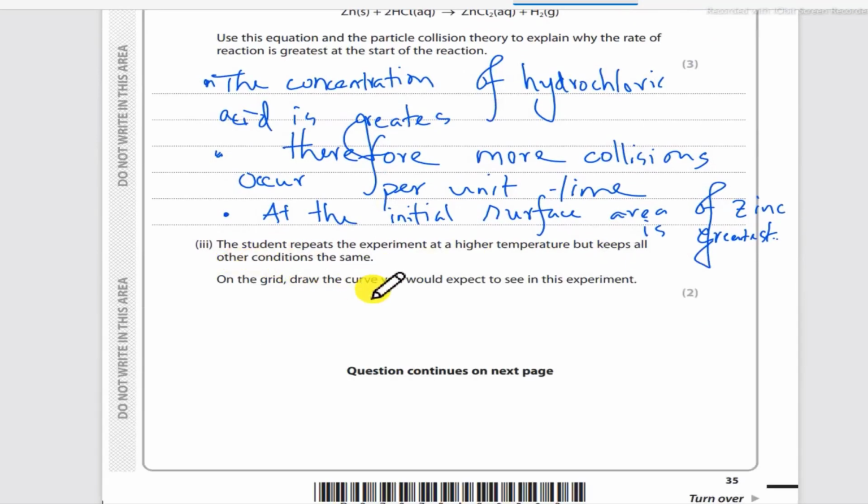So the student repeats the experiment at higher temperature. At higher temperature, the rate of reaction will be more.